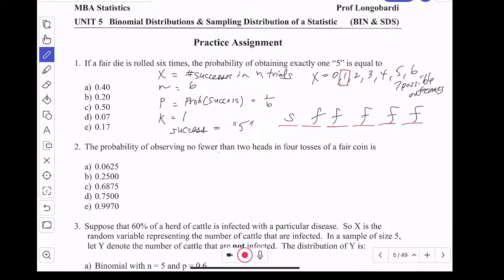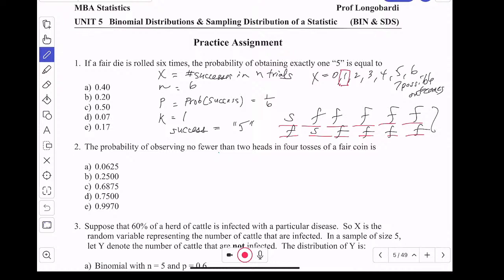So this one would be a 5 and all the rest not 5. How else could we see 1 5? Well, the first one would not be a 5, but then the next one would, and the rest would not. That's another way to see it.